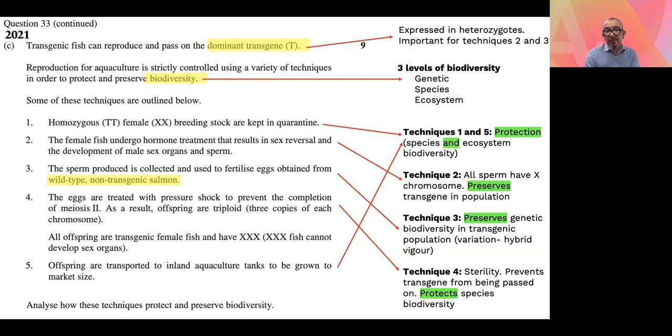Very few students were able to understand the point of number 3, and that was actually all about maintaining or increasing biodiversity, genetic biodiversity within the transgenic population. Okay, so bringing in that external element of the gene pool was all about protecting the genetic integrity of the transgenic species.